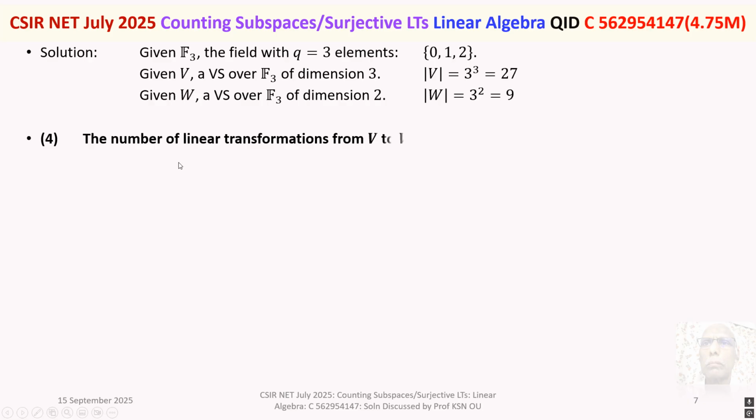Option 4. The number of linear transformations from V to W is 3 power 6. How to count?